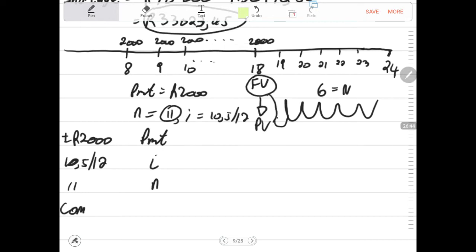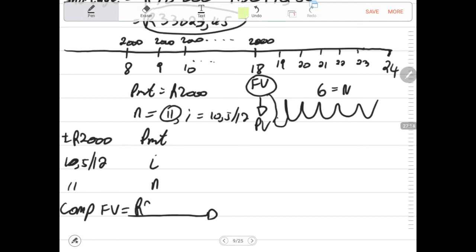Then we need to know how much will be in the account at the end of month 18 because of the monthly payments of 2,000. So now we need that future value, which once again: second function, alpha 00, plus minus 2,000 is PMT, 10.5 divided by 12 is the interest, and 11 is N. Compute future value.